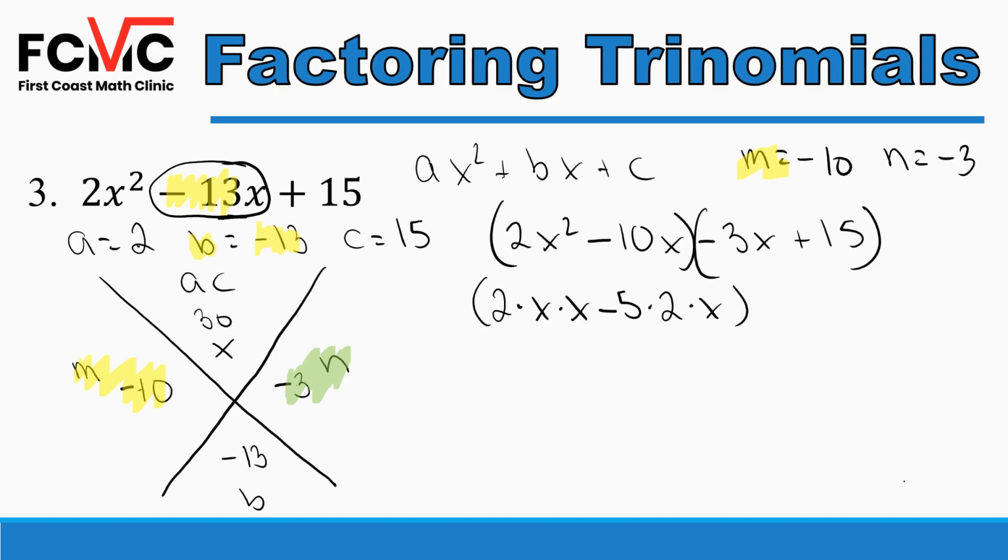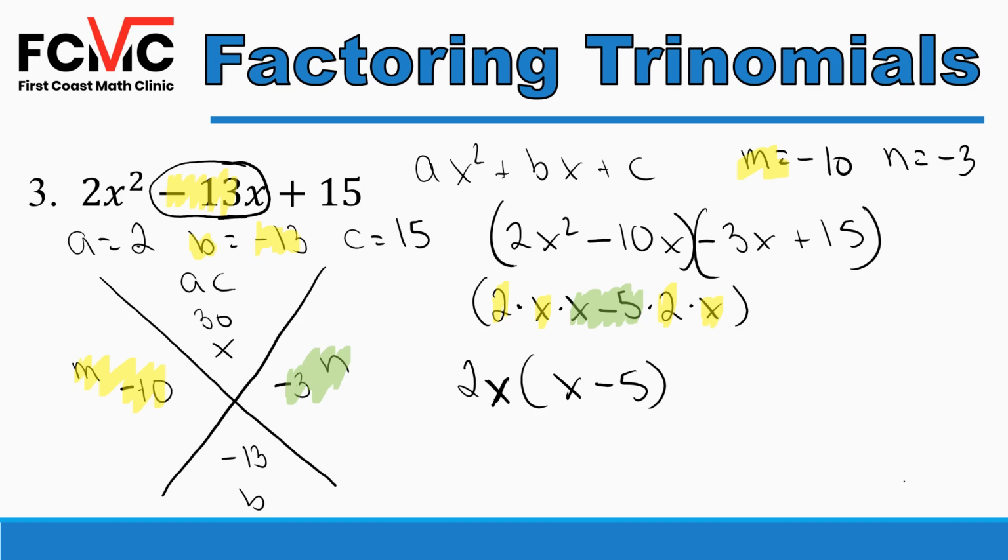We've got a 2 and an x, so we could pull out a 2 and an x. And then what's going to stay? It looks like x minus 5. So 2x gets pulled out of the binomial, and x minus 5 stays in the parentheses.